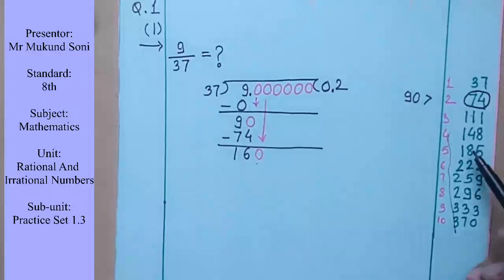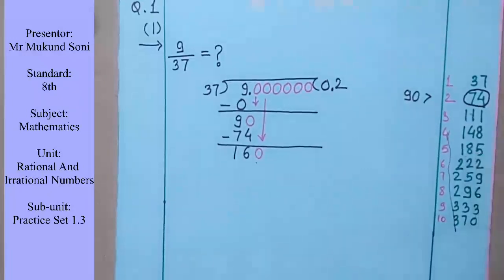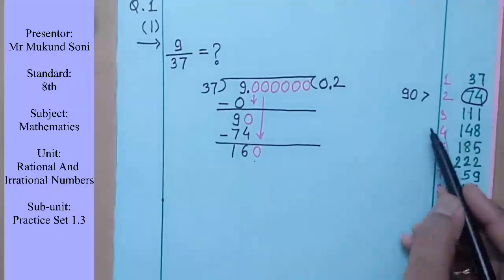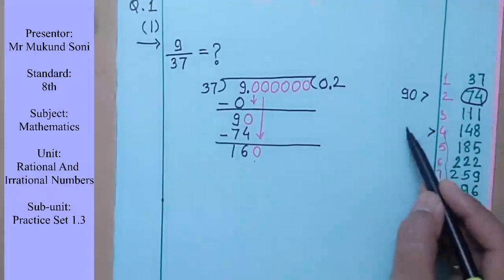Are you able to identify which number is smaller than 160 but close to 160 in the table of 37? And the correct choice is 148. If you have discovered it, then you did an excellent job.